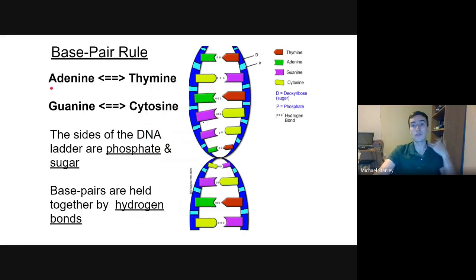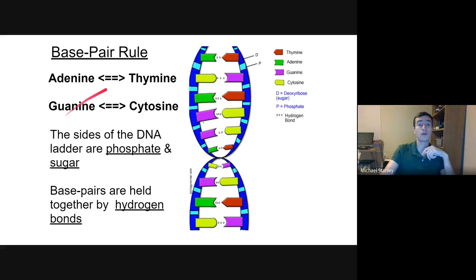Like I said, this is called the base pair rule. It means that A and T, T and A always go together in DNA. It should never be different than that. Same with G and C. G and C will always line up across DNA to each other.